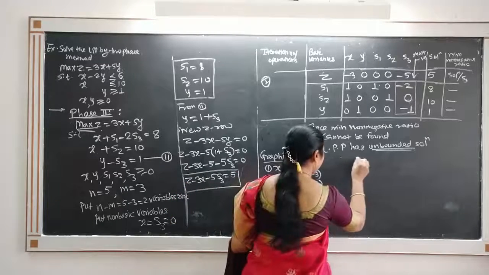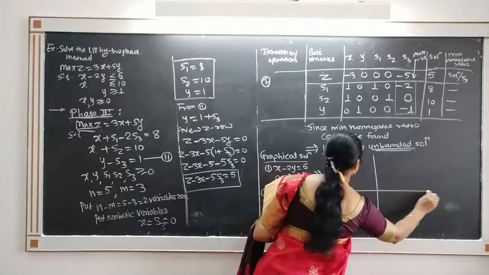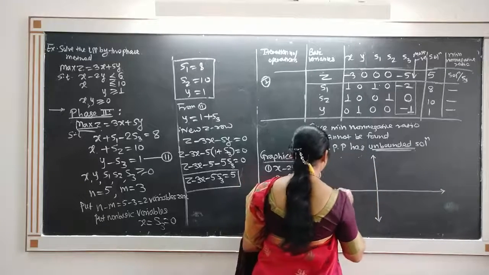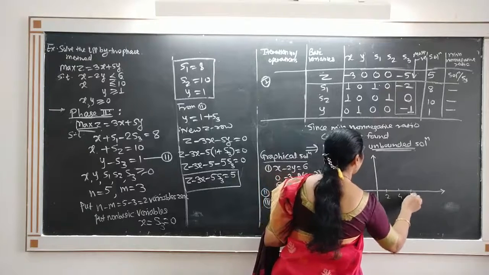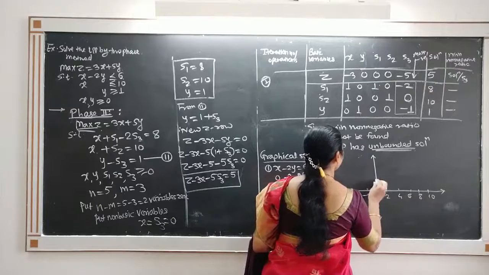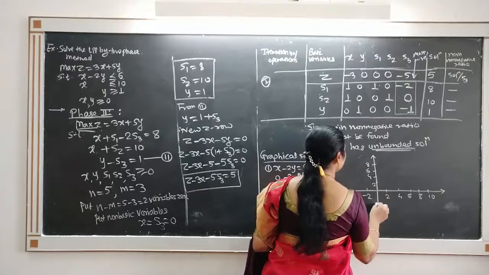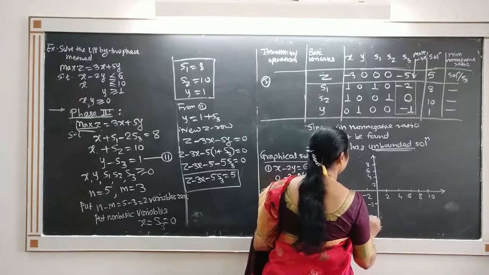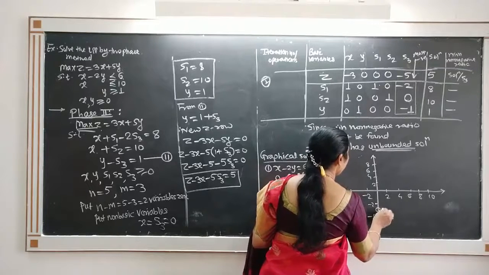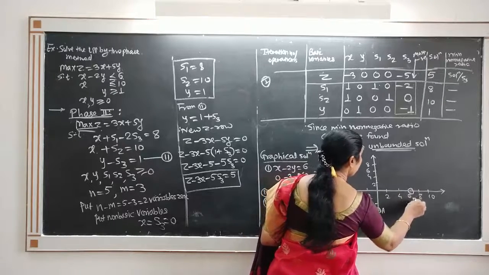If you plot the graph, I will take the scale 2, 4, 6, 8, 10 on this side, minus 2, minus 4. The first point is (0, minus 3), that is point A, and (6, 0) is point B. So this is the first line.